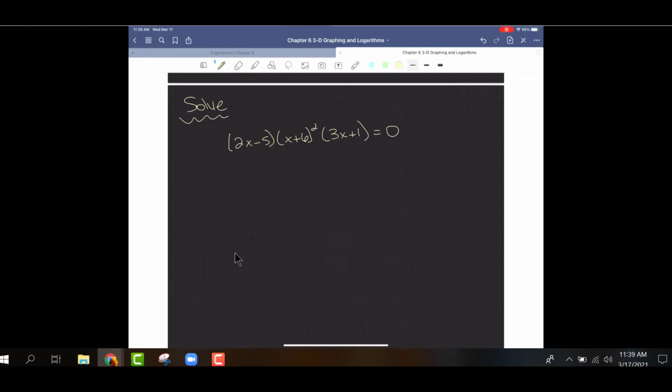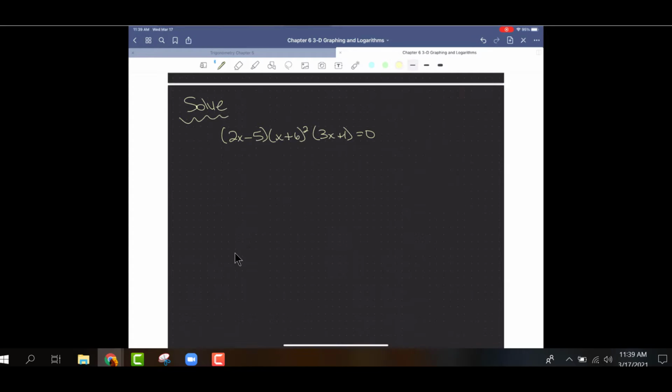You would think by now I could write in a straight line, wouldn't you? I even put dots on the paper. 2x minus 5, x plus 6 squared, and 3x plus 1 equals 0, right?